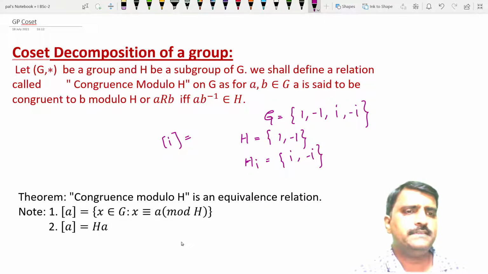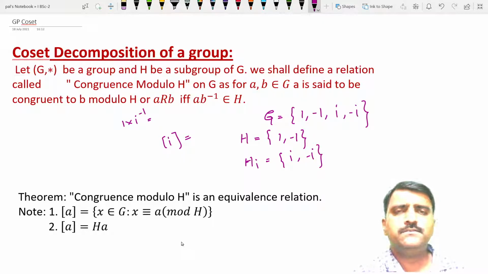Take any elements from G. First I check 1 into the inverse of i. The inverse of i is minus i. So 1 into minus i is equal to minus i.